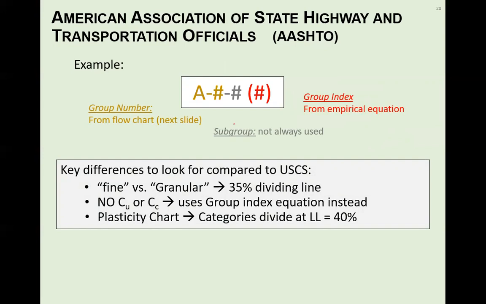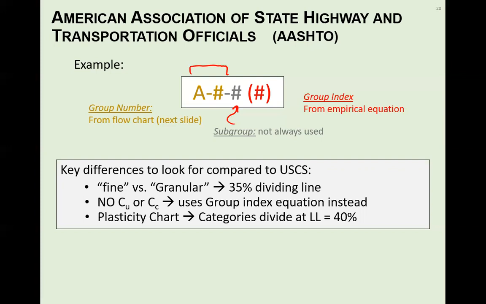The subgroup is not always used, but some soils will have this additional classification, and then the group index is a further classification. Think of it reading left to right. This tells us how good the soil actually is for subgrade, A1 through A8. If there's some borderline soil, then we add this subgroup. And if it is a poor soil, then we add this group index for further characterization.